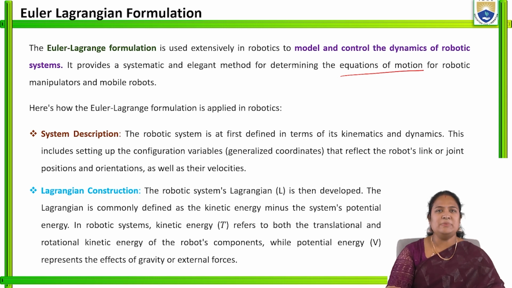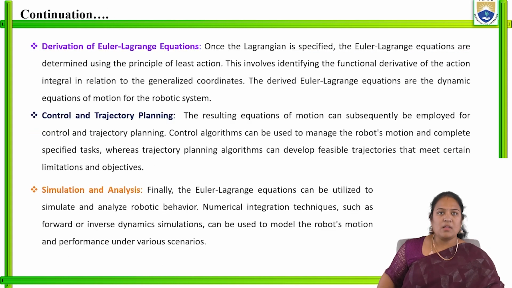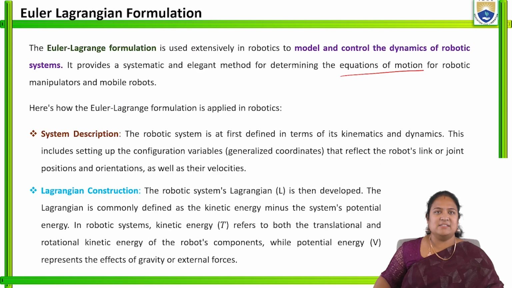It has different applications in robotics, in 5 different forms: system description, Lagrangian construction, derivation of the Lagrangian equation, control and trajectory planning, and simulation and analysis.